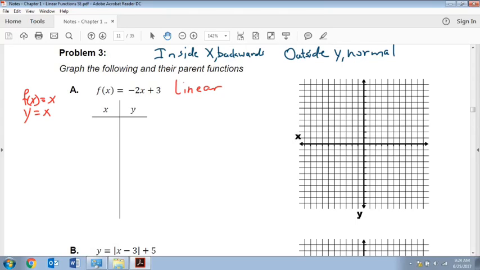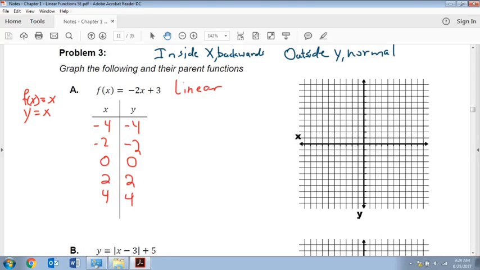Let's pick some points. I'm going to tell you to pick 5 points. Since we've got a 10 by 10 graph, let's spread it out a little bit. Let's do -4, -2, 0, 2, and 4. For a linear function, this is your parent function, so the values do not change.